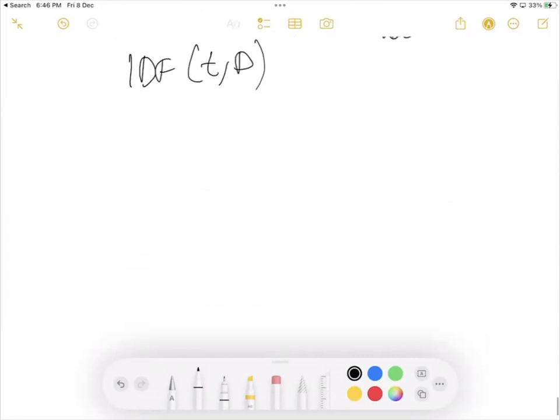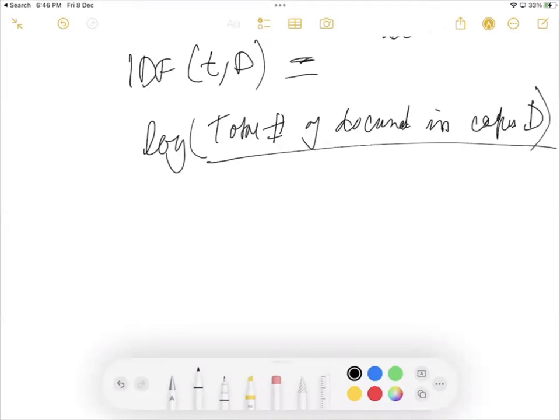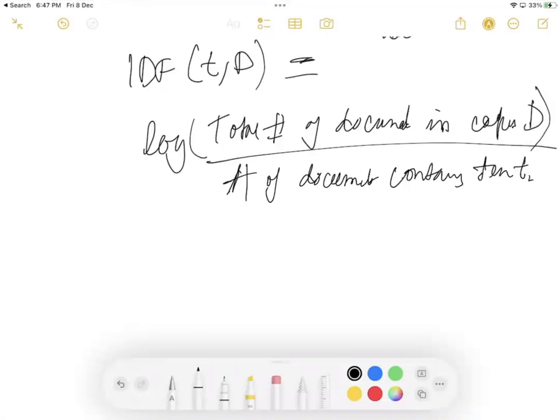The formula is log of the total number of documents in corpus D, upon the number of documents containing term t. Before we were talking about words, now we are talking about documents.